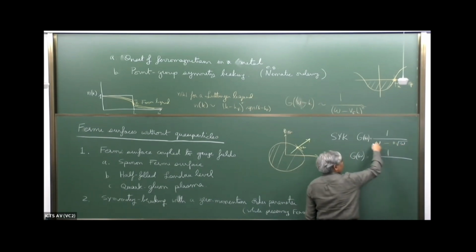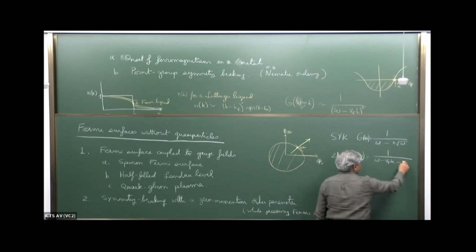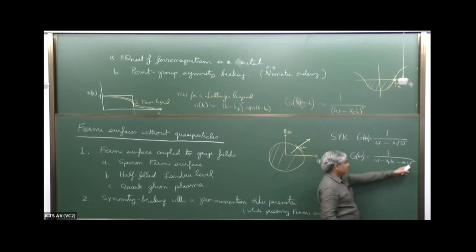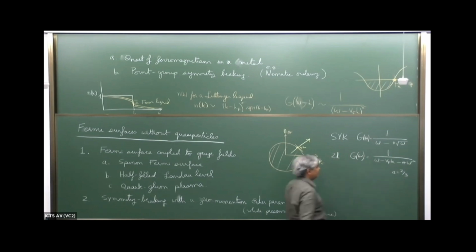At high frequencies, you can keep it if you want. You're going to get omega minus v_F k, where k is measured here, minus, again, some number, which I call A, times omega to some power. So that singularity will be purely local. And this power, in fact, is 2/3, not 1/2.